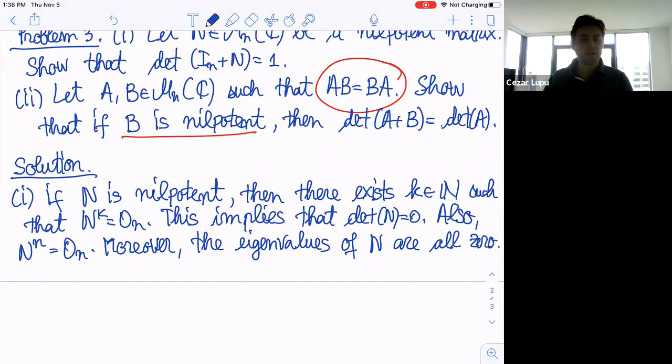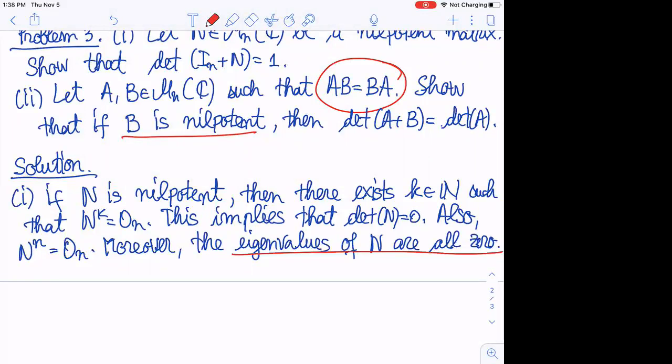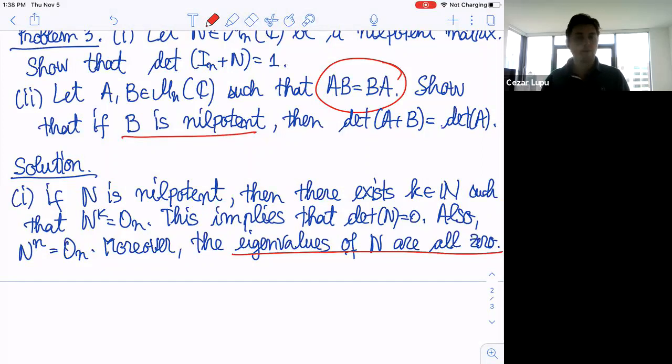That's important because from this fact it follows that N to the power n is 0. So you can say that the determinant is 0, right? But this is more important. You can say that all of them are 0. So in fact, is the trace also 0? Oh, that means the trace is also 0 for all the eigenvalues. Yes, exactly. The trace is also 0.